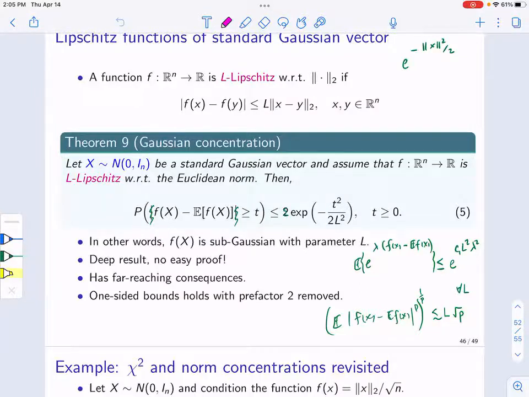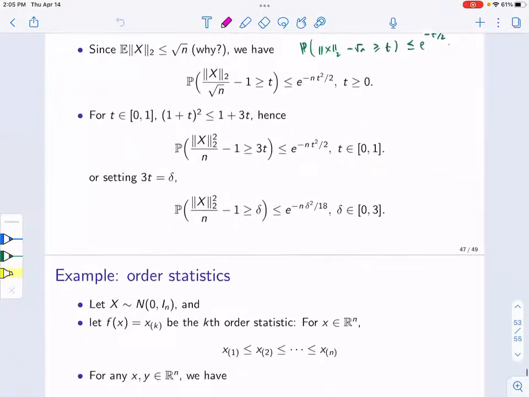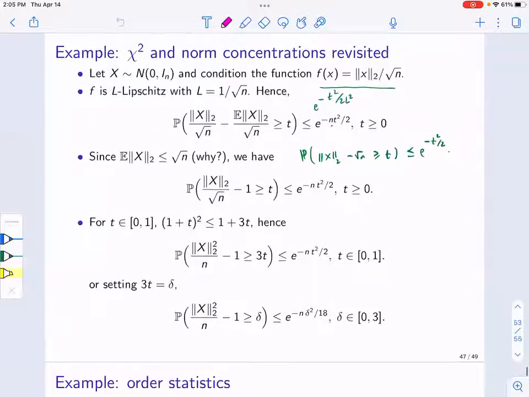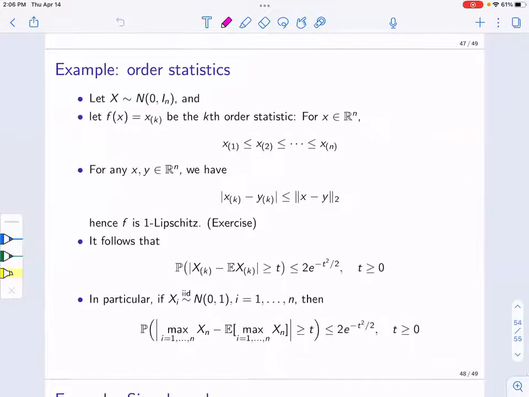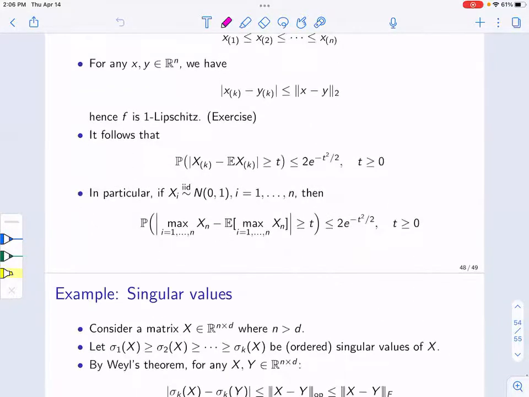There are a couple of consequences of this. Concentration of the norm and norm squared are an application, but these we could get by different means. Concentration of more interesting functions like the order statistics is a consequence. In this particular one, the maximum is very interesting.